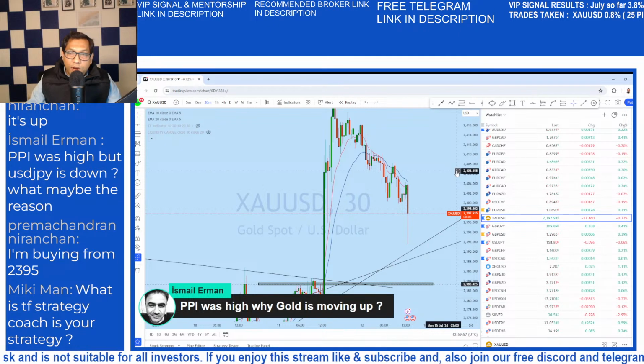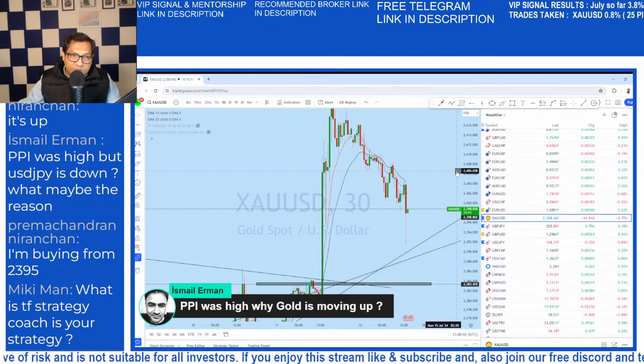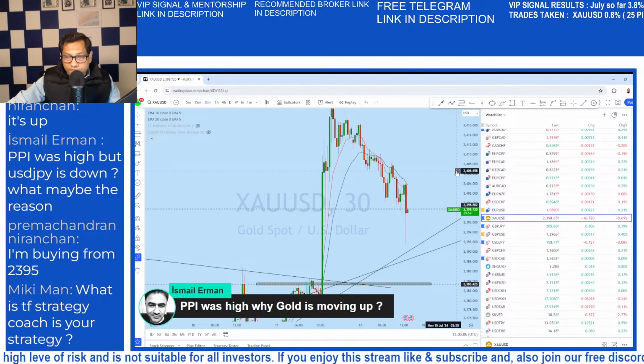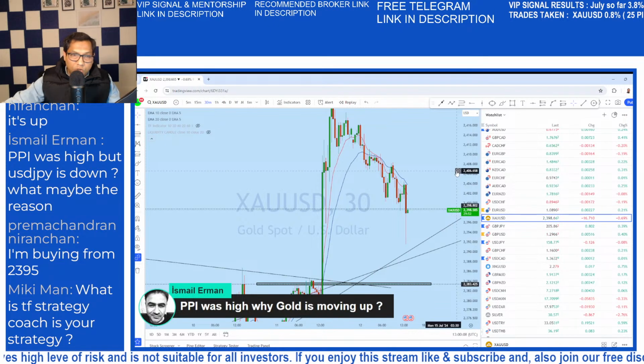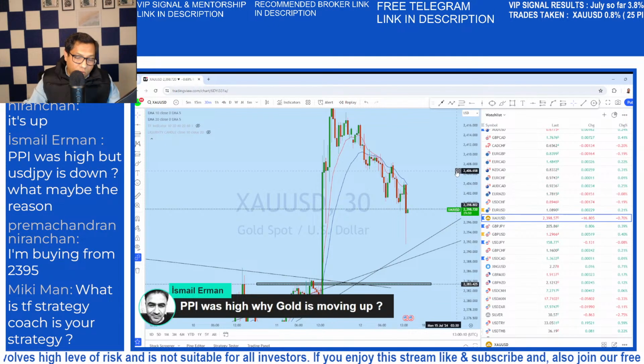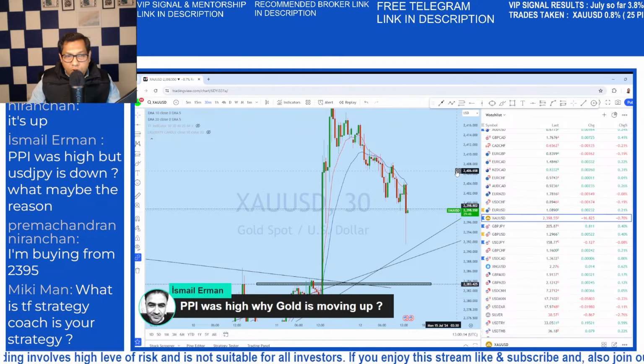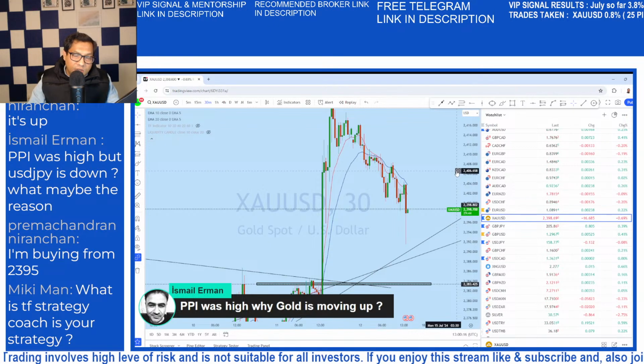The market is moved by the big boys, right? The institutional traders, hedge funds, they can interpret this information even beforehand. It's impossible to know before the data release, but from the technical perspective, there is an idea of what might happen, and the price already moved before the data has come out.